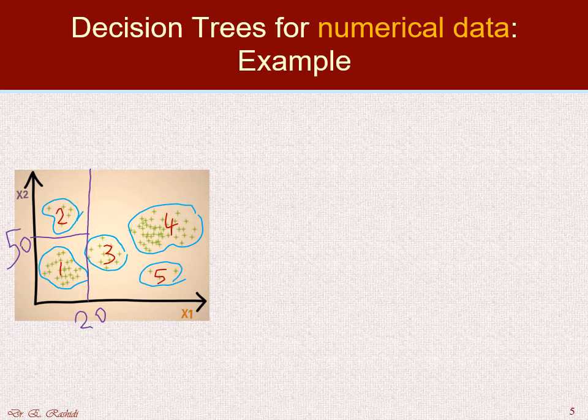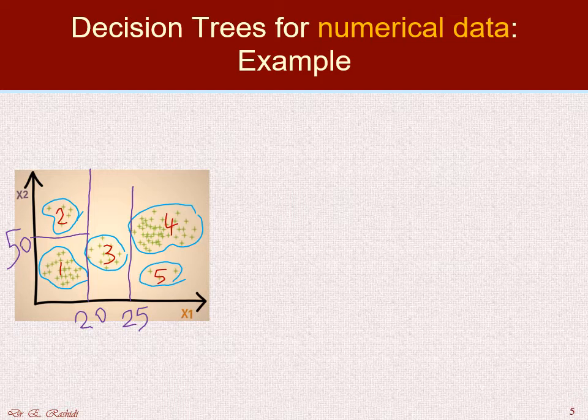To distinguish class 3, we can just use x1. For example, this line limit here can specify class 3. Suppose this is 25. So class 3 is the only class here whose x1 value is between 20 and 25.